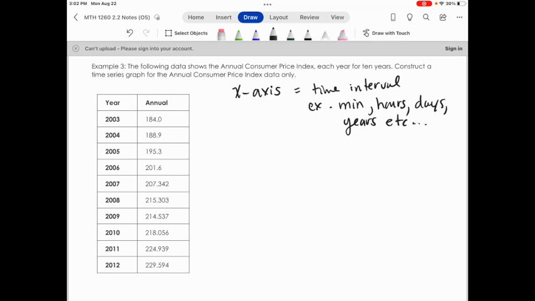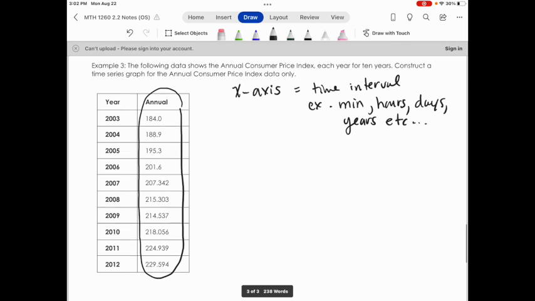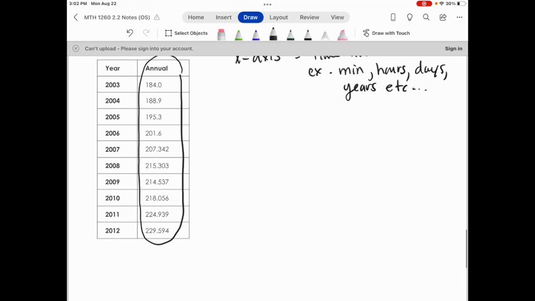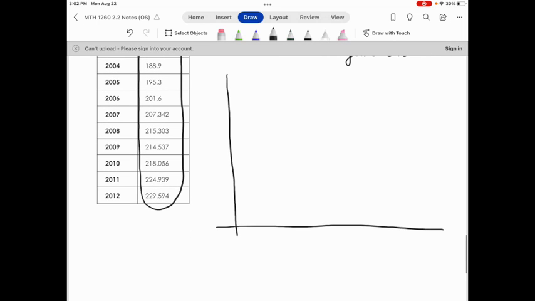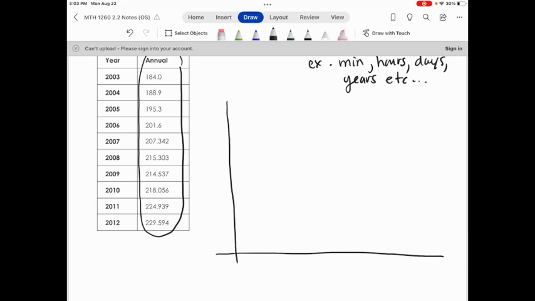Okay, your y-axis is going to be whatever it is that you're measuring. In this example, you can see that we are measuring CPI. So we're tracking CPI over a period of certain years from 2003 to 2012. So we're just going to graph this like we would any other graph, like ordered pairs. The time unit is going to go on the x-axis.